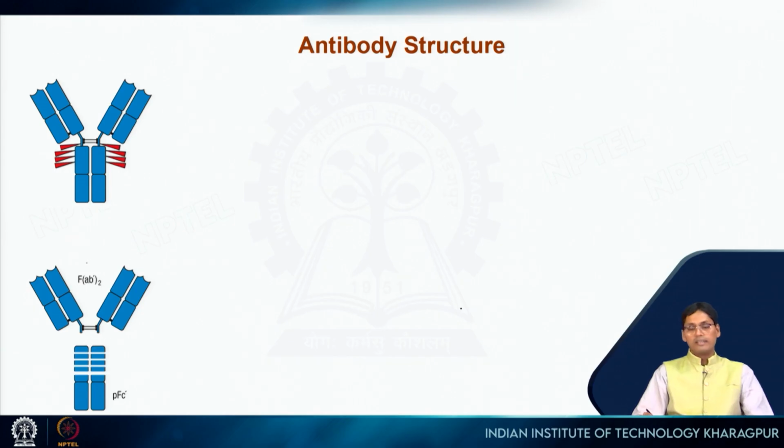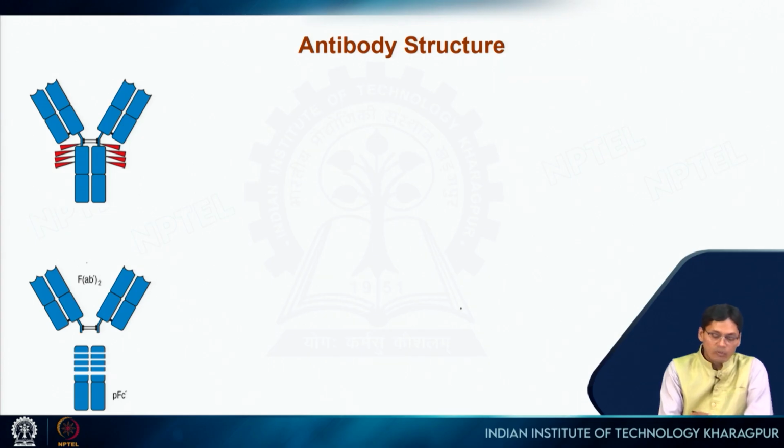Now, regarding antibody structure, in the early days scientists were trying to determine antibody structures and different biophysical and biochemical properties. They found that when treating this antibody with a proteolytic enzyme, particularly pepsin, the pepsin will digest this antibody at several places, and you will get this fragment.